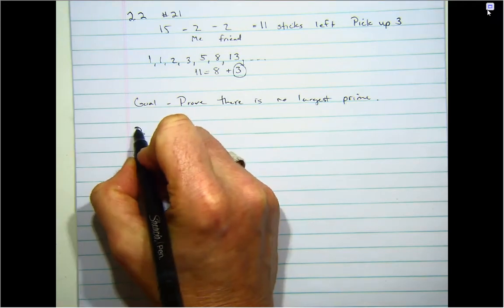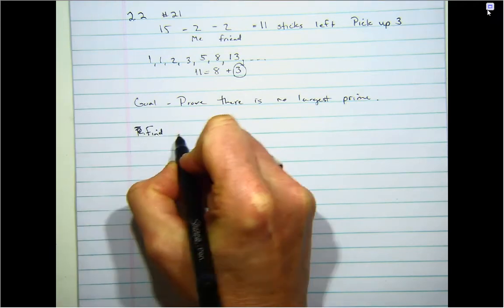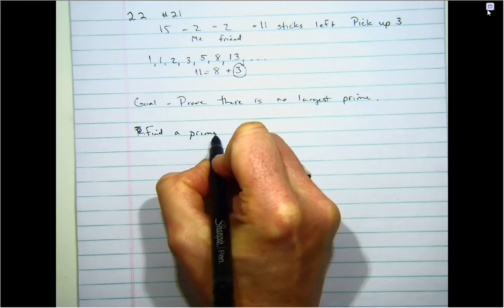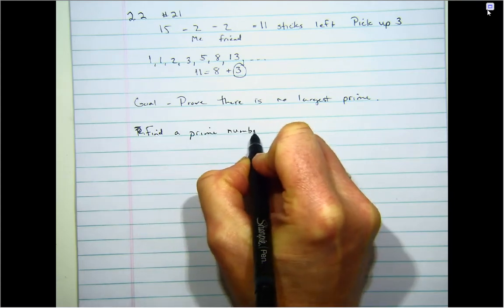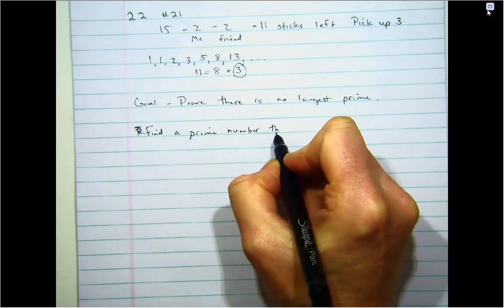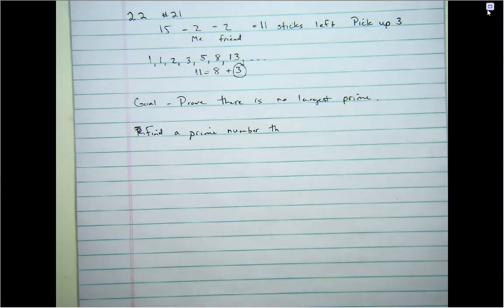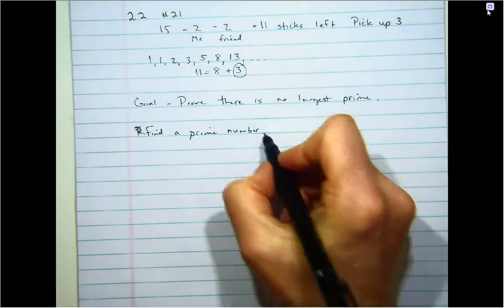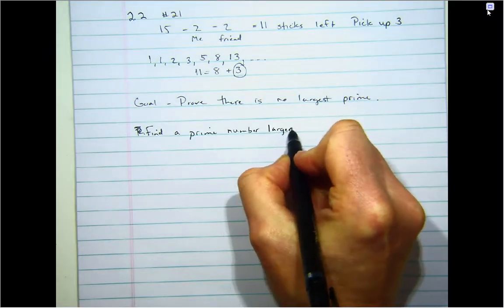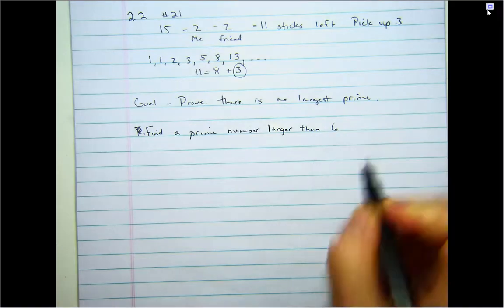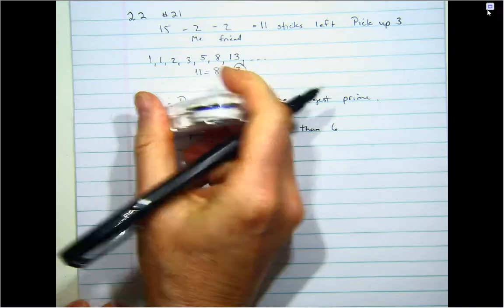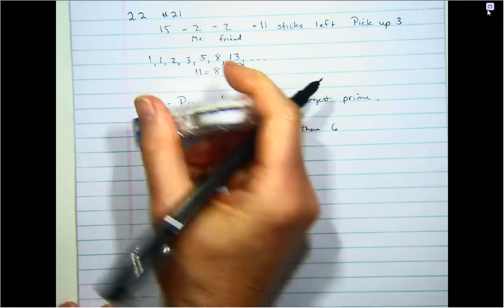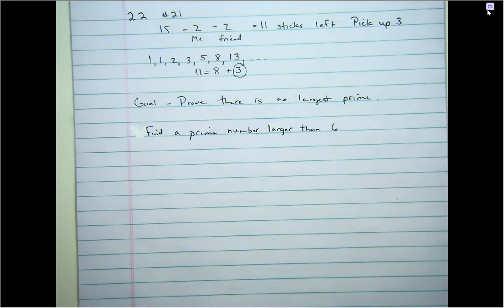Find a prime number larger than 6. Eventually we want to be able to find a prime number larger than any number, larger than 1,000,000, larger than 100 billion, larger than any number. But for now we just start with finding a prime number larger than 6.